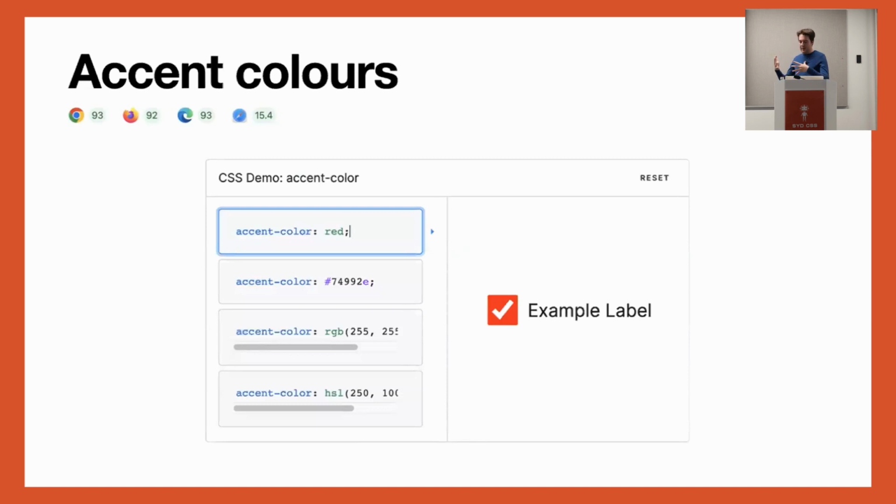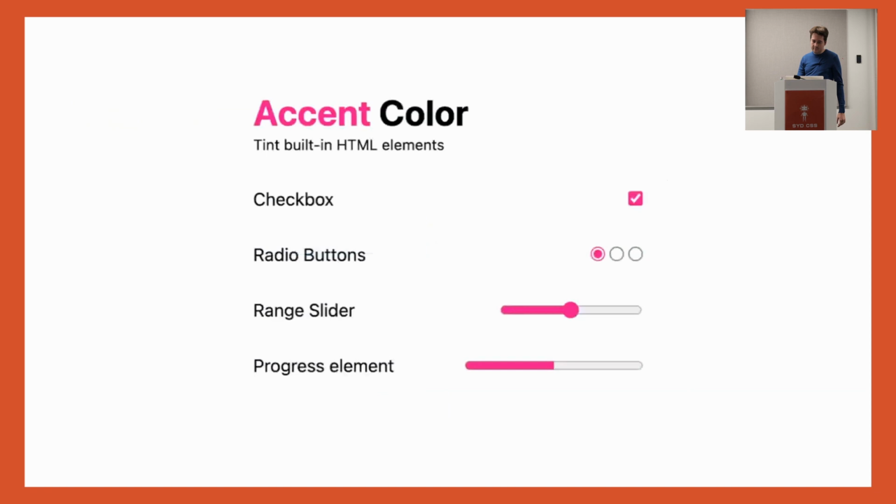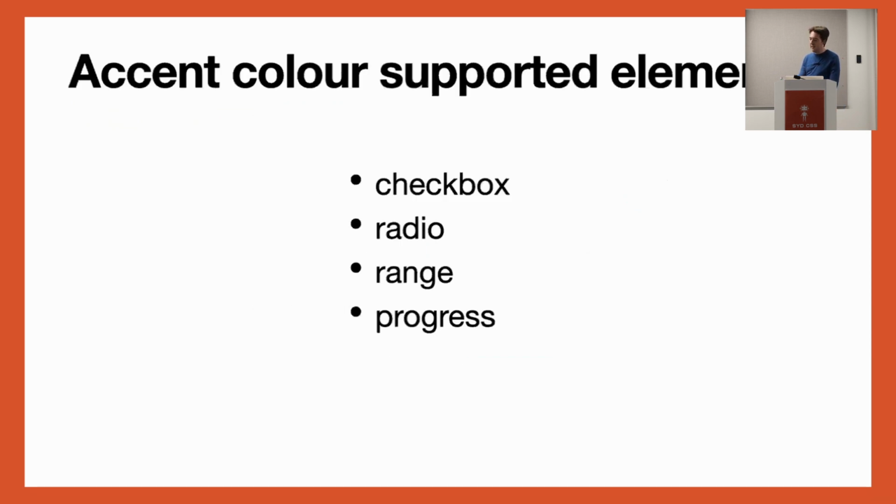You had to do custom stuff to control the style. Now you can just specify an accent color, and these native controls will now match that. And you can build stuff that looks like this quite easily. And currently, it works with the following input elements.